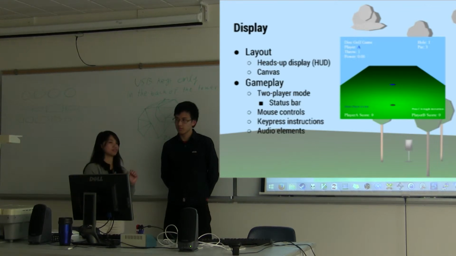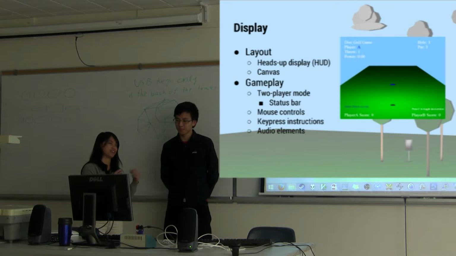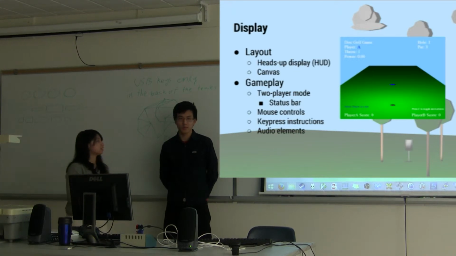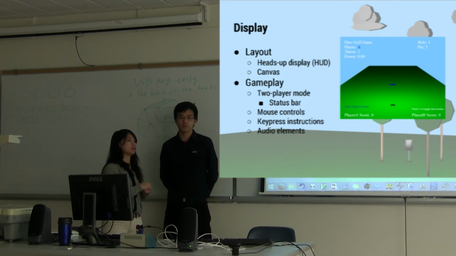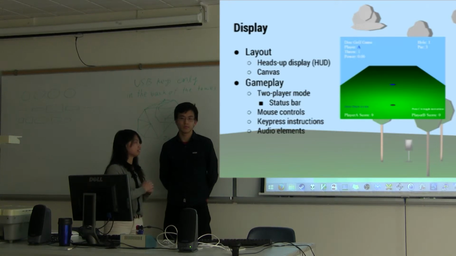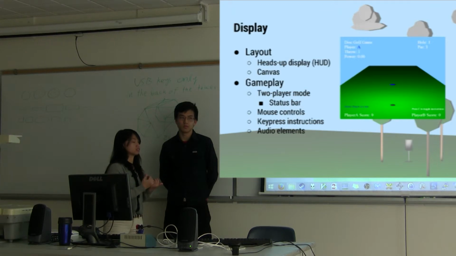We have to separate it, because if we put it in the same function, they'll move at the same time. And also we have the status bar, and it's on the HUD, so it'll display if you hit an edge, you score, or which player's turn it is.